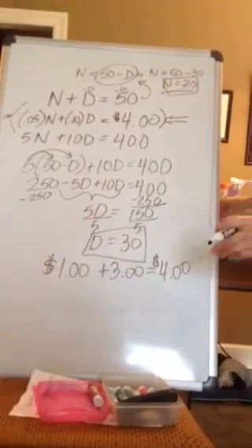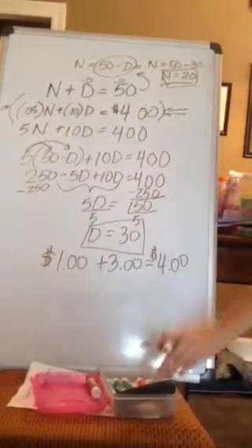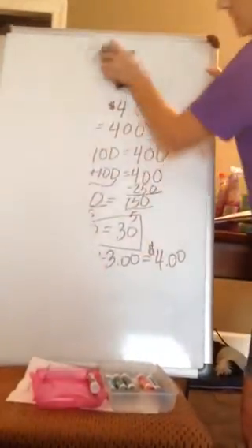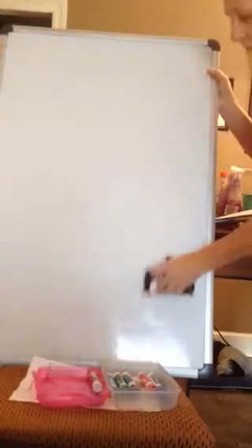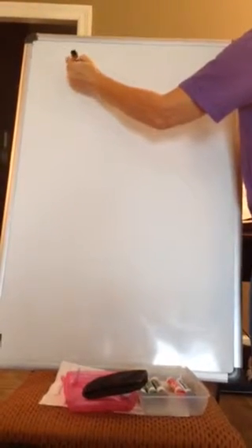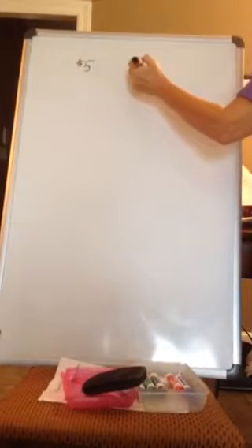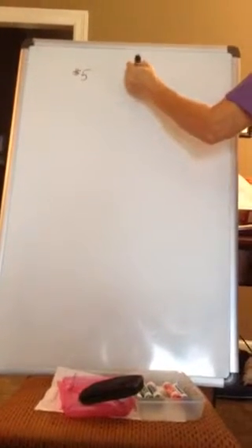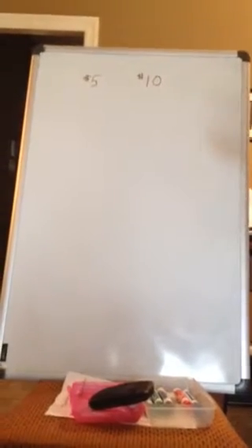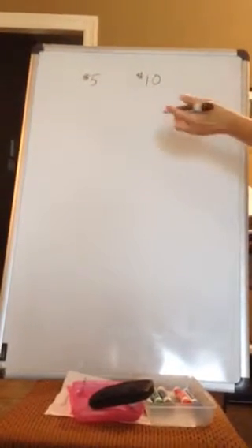Now let's work another one with bills, with dollar bills, because we can do the same thing with dollar bills. If I had a problem that said a bag contained used $5 bills and $10 bills, and that there were a total of 1,200 bills.